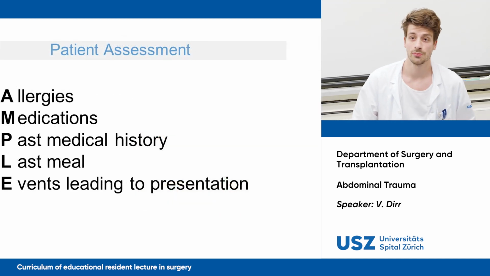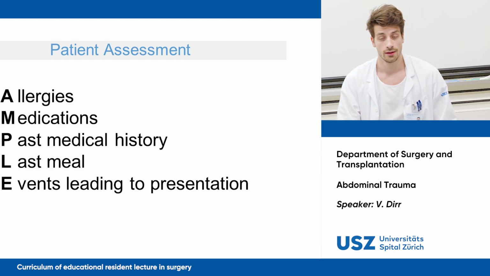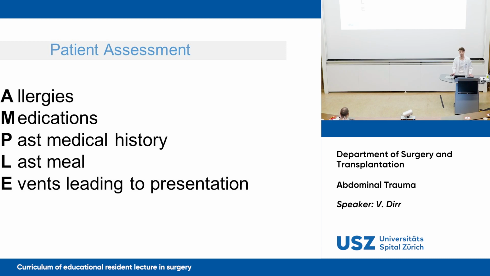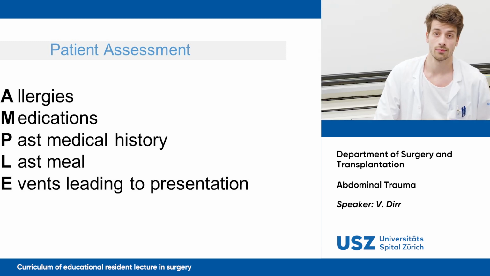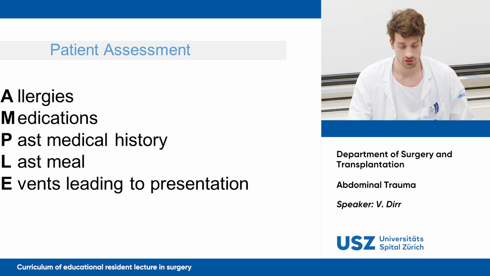And when it comes to assessing patients in our trauma room, it's really difficult to memorize the most important parts. And especially traumatized patients might not be responsive. So in these cases, we need a mnemonic to memorize the most important information. And sometimes it's necessary to get different sources, maybe from friends or family or the local GP, to assess the patient correctly.